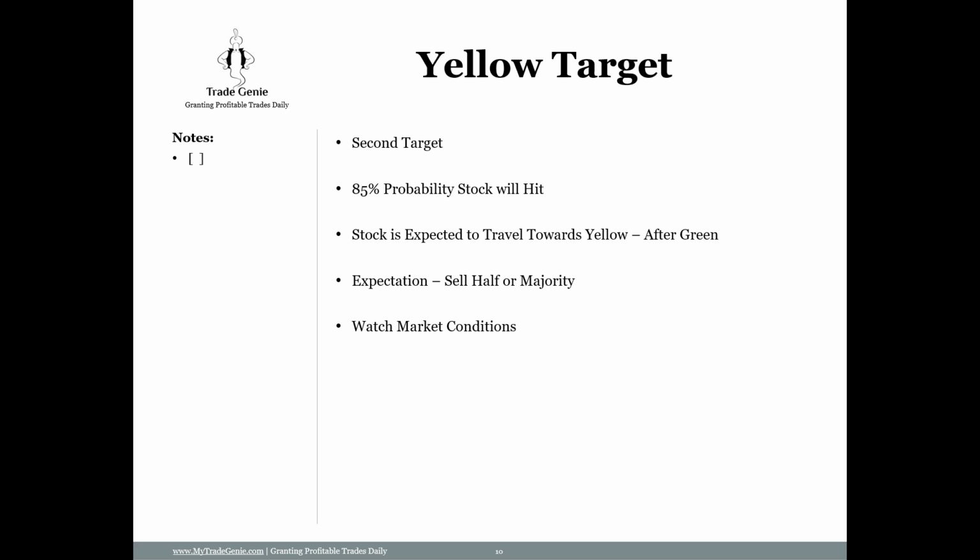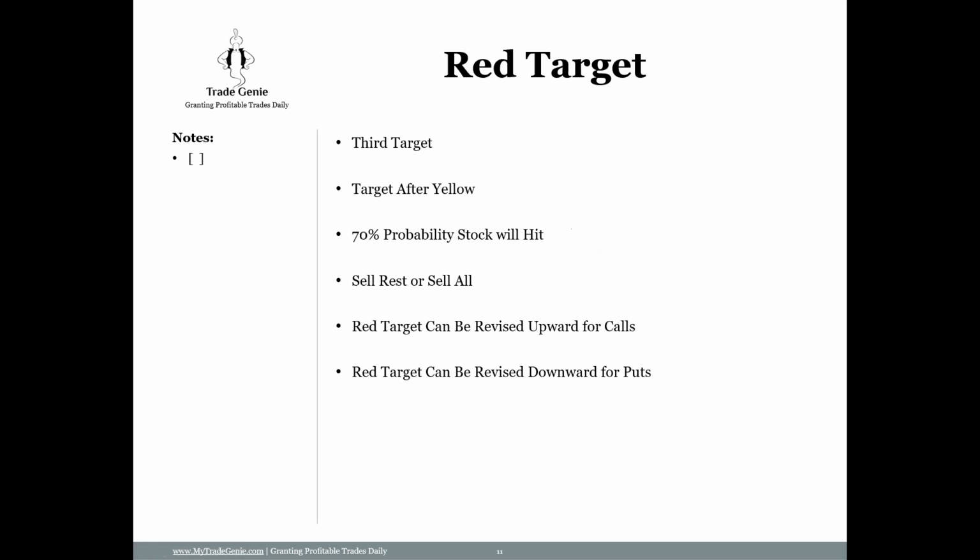If the market is pulling back and your stock is trading at the yellow target, maybe you sell all, maybe you sell half. So there are a lot of variables in the decision. I do send out the alert the majority of the time, unless I'm outside somewhere and I don't see it, that the yellow target is hitting.